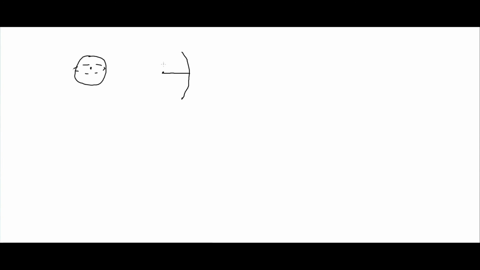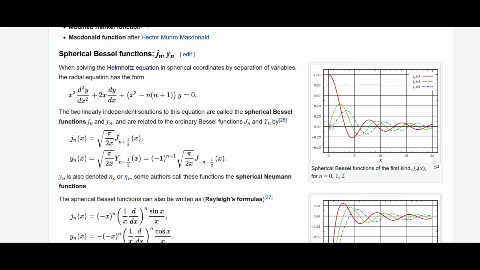And so you could say that each of these x's is some distance from the center of our sphere. So the origin 0 would be the center of the sphere.